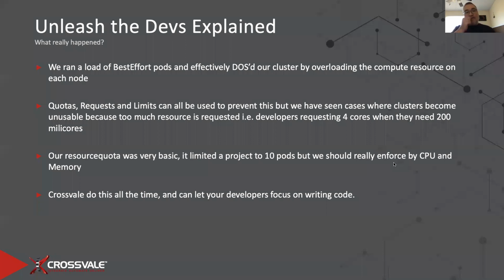All right, so what really happened? Well, OpenShift, by nature, does a best effort to do whatever you ask it to do, including allowing you to basically DDoS your cluster by overloading it with consumptive resources, right? So all good OpenShift operators should go, well, of course, this is easy. We know quotas, limits.